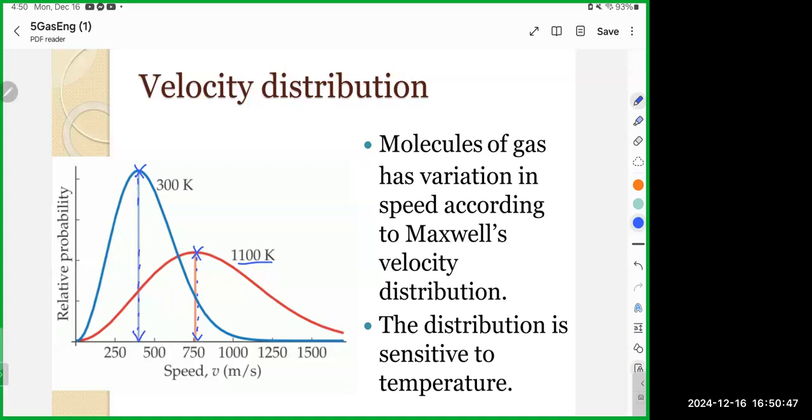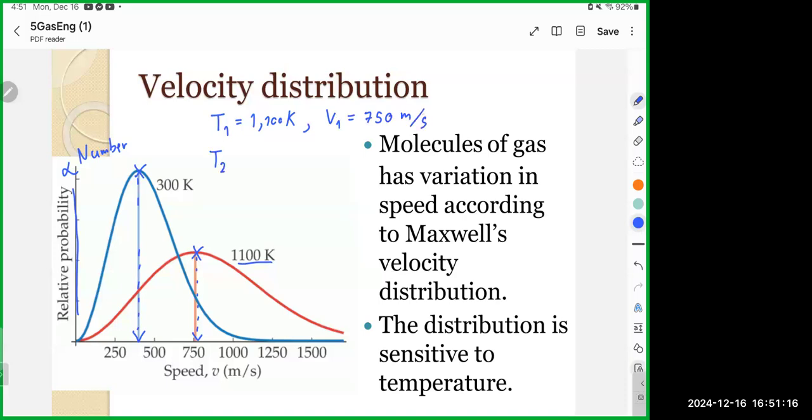Okay. You can see that this relative probability is proportional to number. Okay, so you can see that at T equal to 1100 Kelvin, the velocity is 750 meters per second.